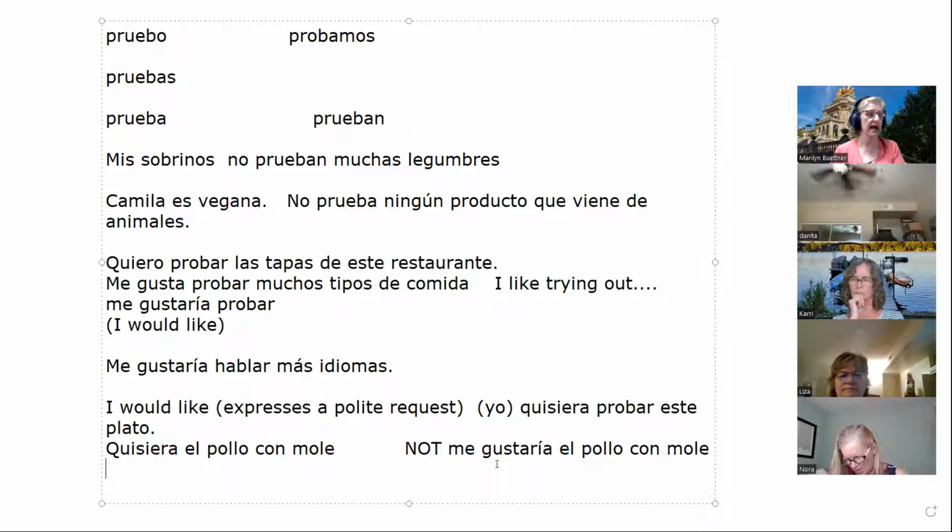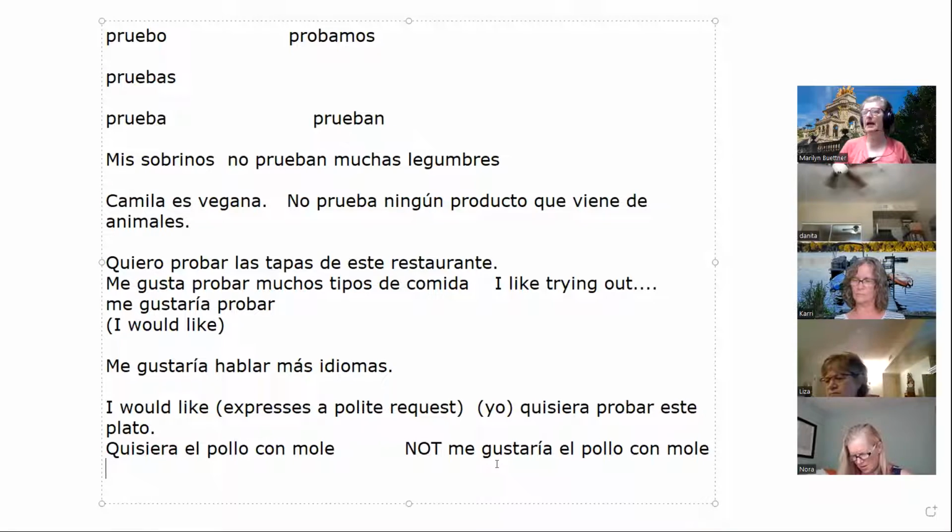Me gustaría comer puerco asado, roast pork. I would like to eat roast pork. Me gustaría comer el puerco asado. I would like to eat. Not I would like roast pork. I would like to eat roast pork.